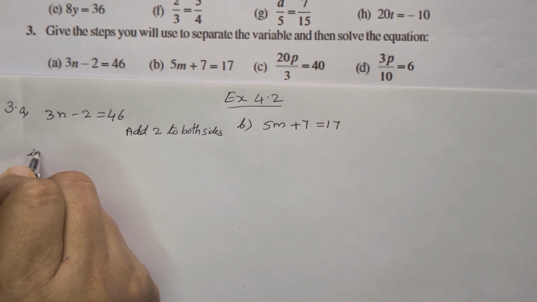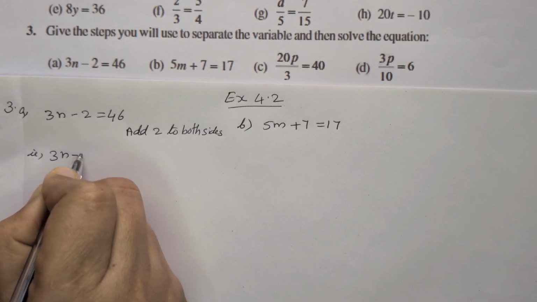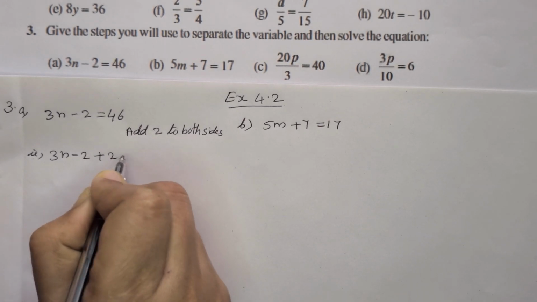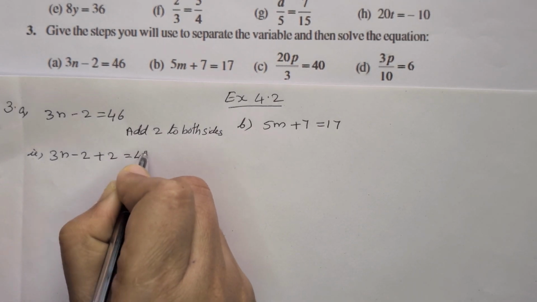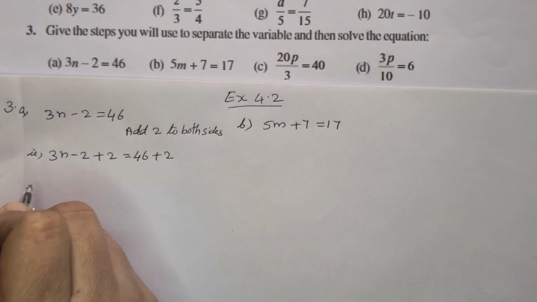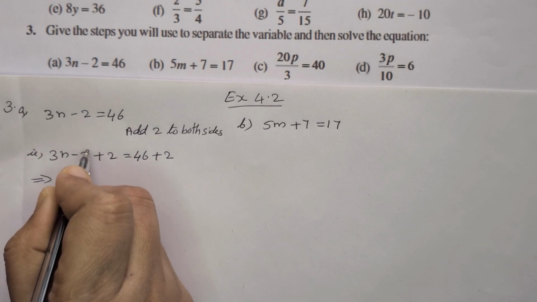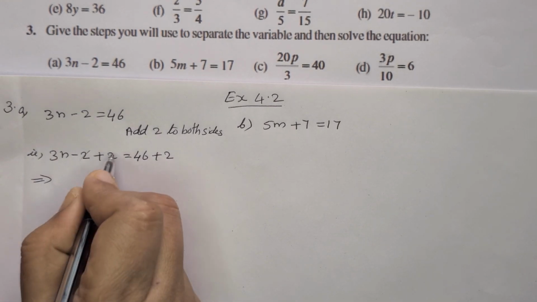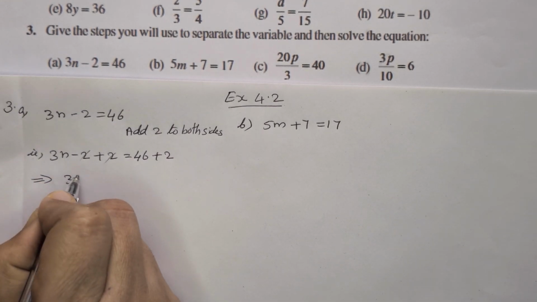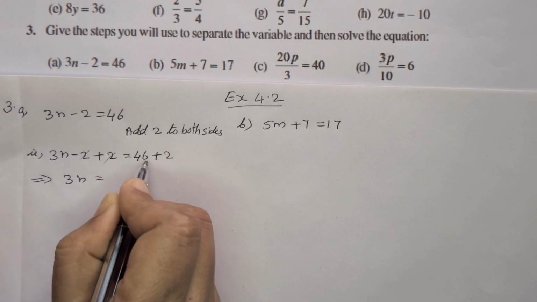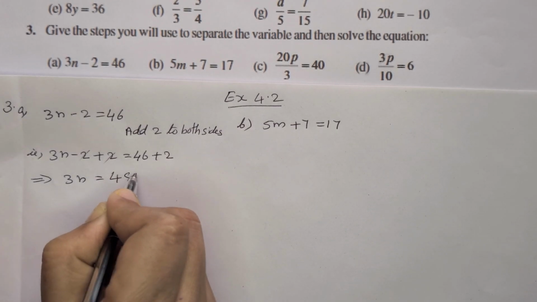That is 3n minus 2 plus 2, right side 46 plus 2, which implies this -2 and plus 2 will cancel. Then 3n is equal to, here 46 plus 2, 48.